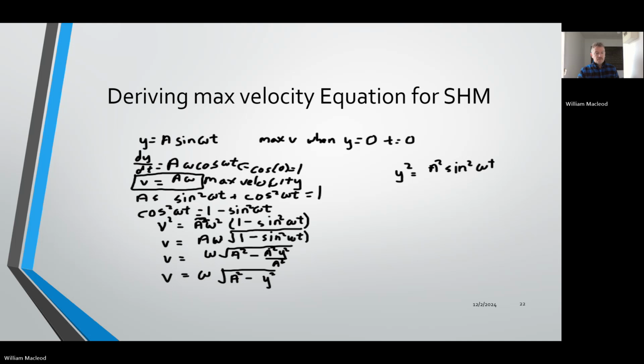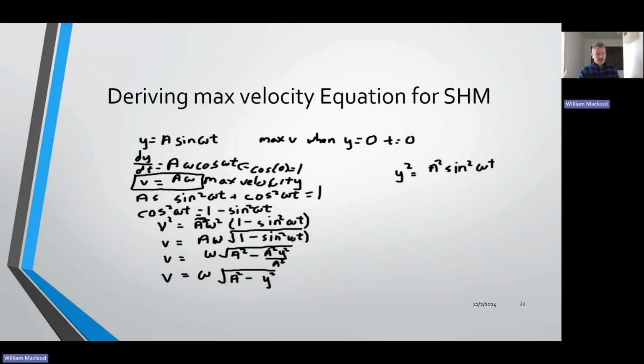We know from higher maths that sine squared omega t plus cos squared omega t is equal to 1. So we can say that cos squared omega t is equal to 1 minus sine squared omega t. So we can now say that velocity squared is equal to a squared omega squared times 1 minus sine squared omega t.